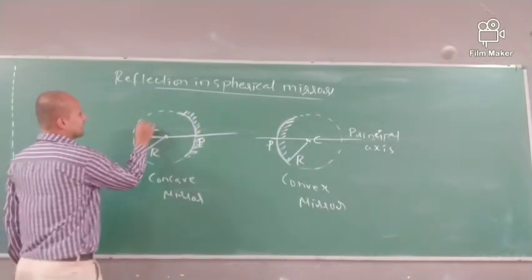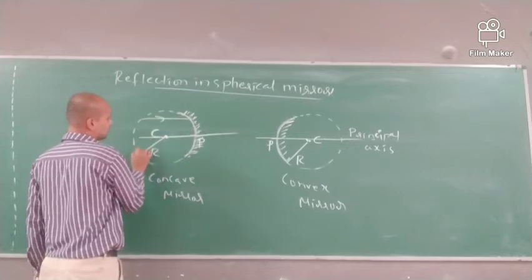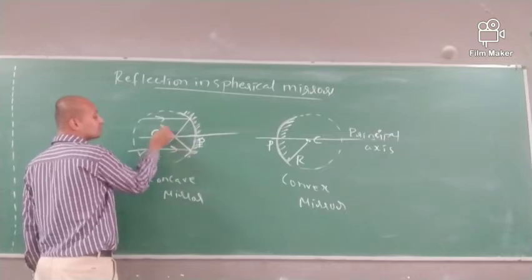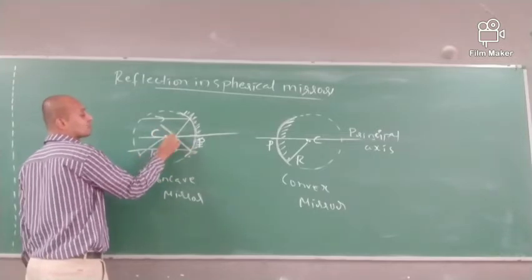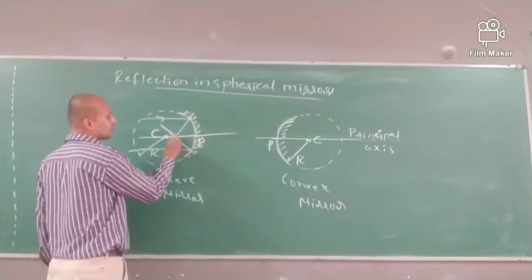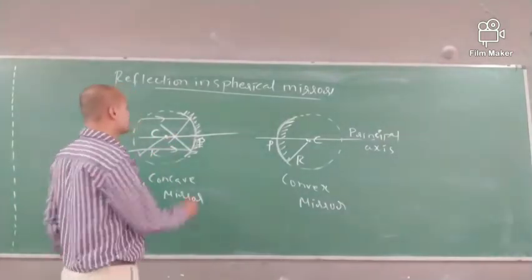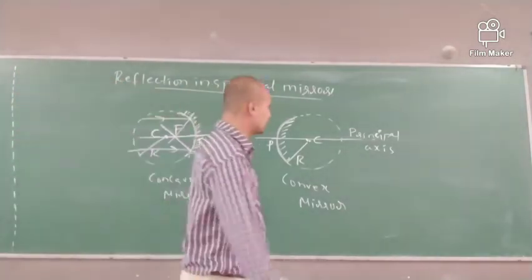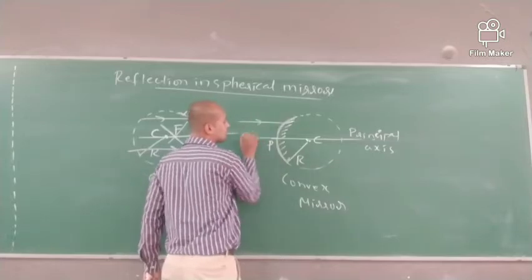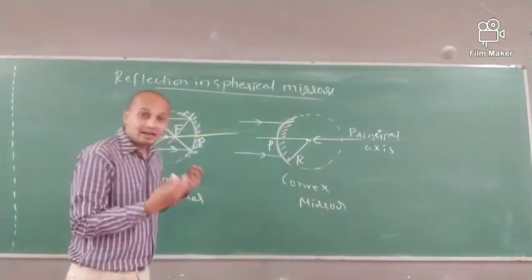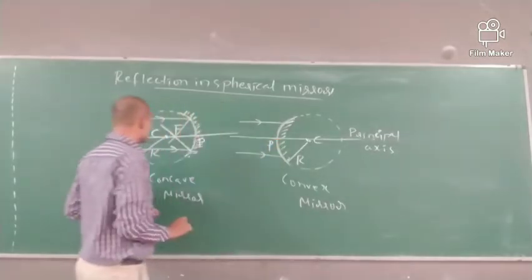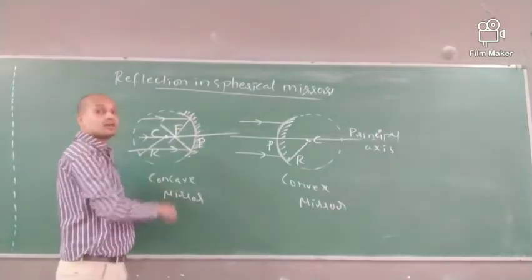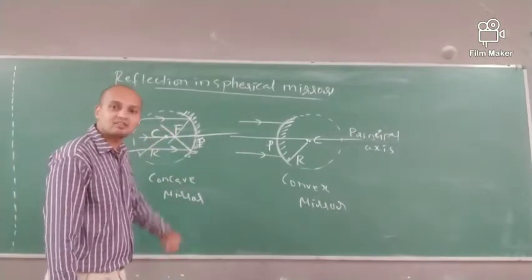If I take two parallel rays, parallel to the principal axis, they are going to coincide at a point on the principal axis. That point is called the focus point of the mirror.